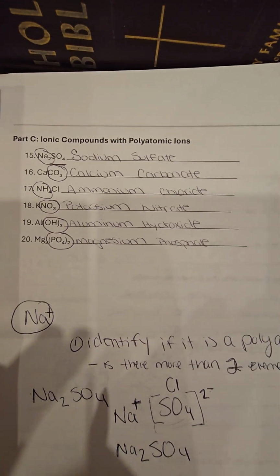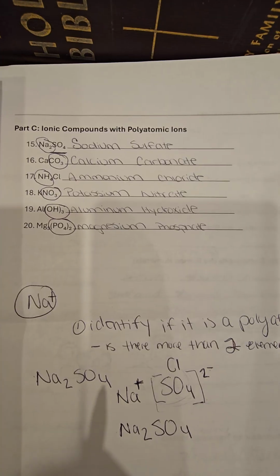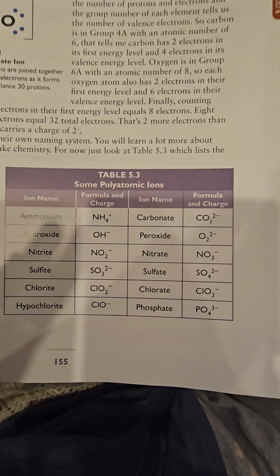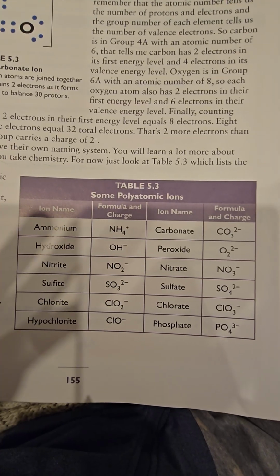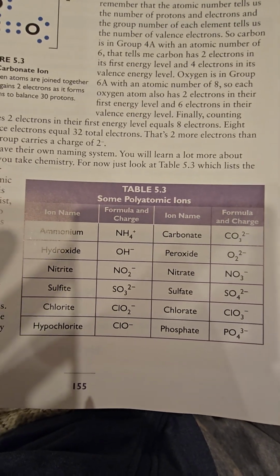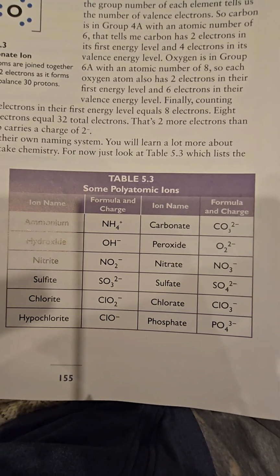Beautiful. All right, so for this, I'm going to go ahead and give the answers on it. Calcium carbonate, ammonium chloride. If you want to pause the video with your worksheets that you have at home, just pause the video on this chart and fill it out for yourself.